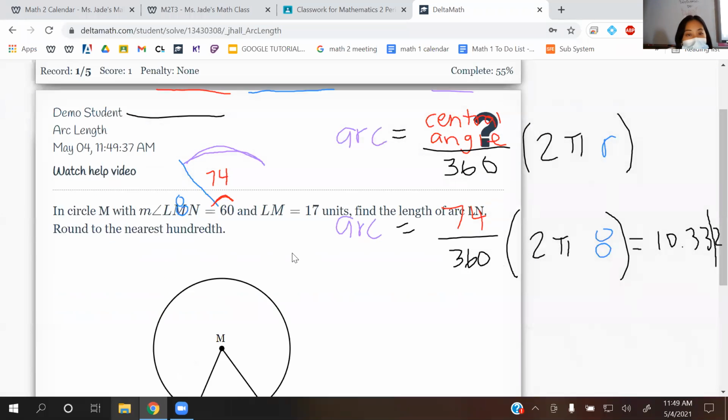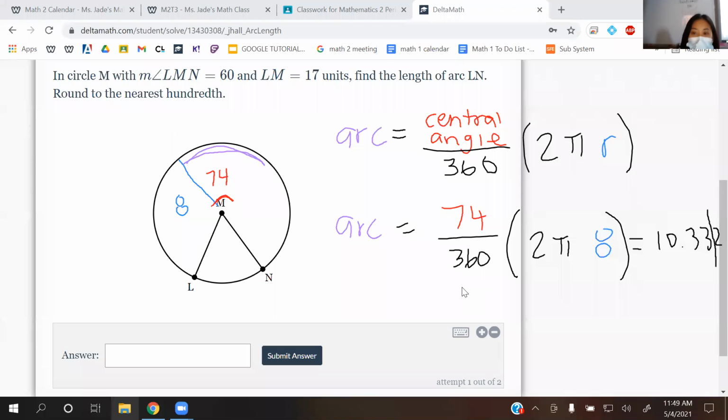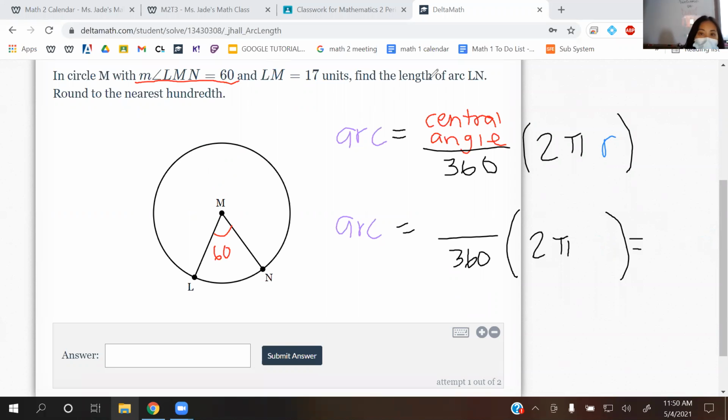Let's do 2 more examples. So let me annotate, do some erasing. Okay. All right, so we have the angle is equal to 60 degrees, so that's over here.